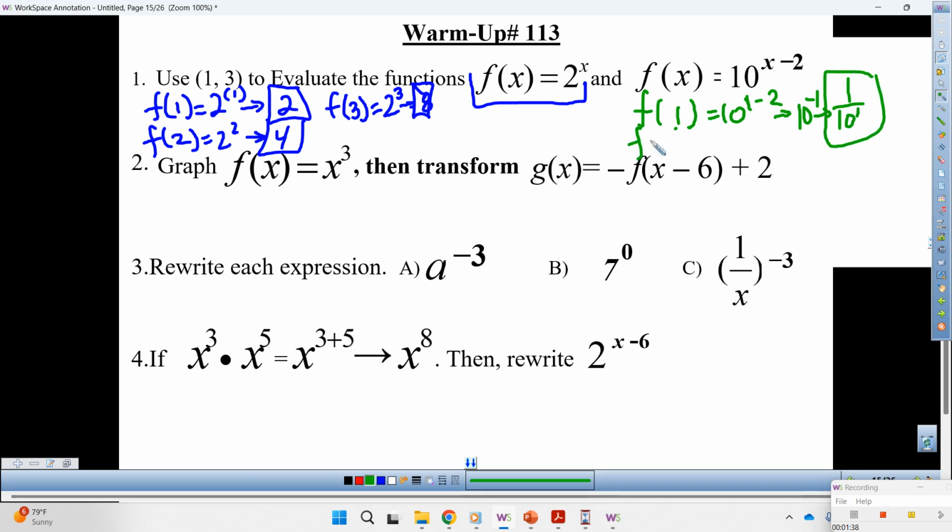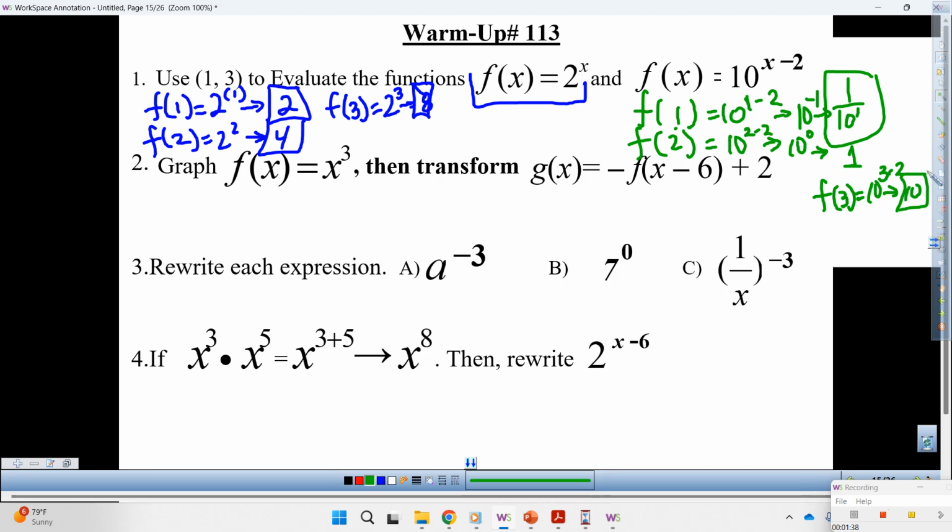Next one, f of 2 equals 10 to the 2 minus 2. That's 10 to the 0, which is 1. And last one, f of 3 equals 10 to the 3 minus 2. That's 10 to the first, or just 10.